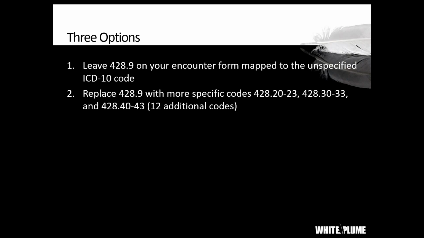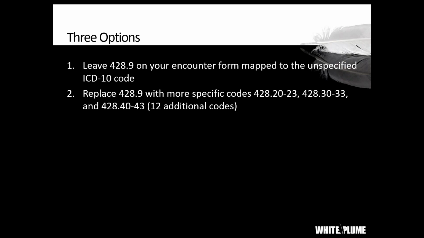I could replace the 428.9 with the more specific choices in ICD-10. So I'd take one code off and put 12 codes on my form. Now again, that's going to change your form. It's going to change the layout. It's going to change the doctor's muscle memory.